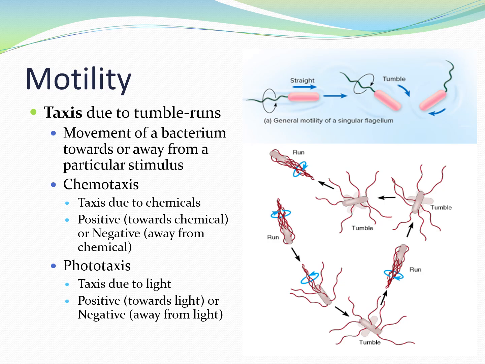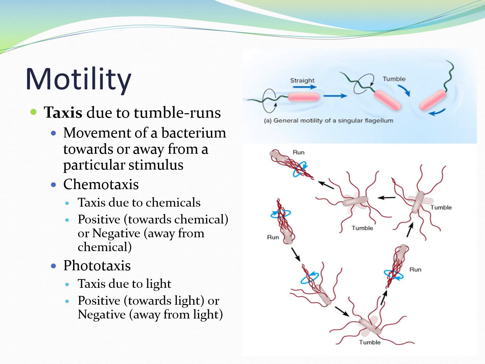So moving on, still talking about motility, we have this term taxis, and taxis is going to be directed movement, and this is going to be caused from those tumble runs. Remember, the tumble runs are the cell flopping and then shooting off in a direction. So we have two types of taxis that you need to know.